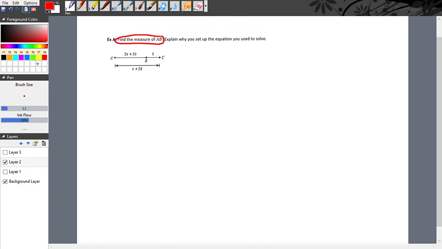That's AB. Now step 2 is to figure out what postulate, theorem, or property I'm going to use to solve this problem. Well, if I'm trying to solve a problem where I'm looking for the length of a segment, back in Unit 1, the name that we gave for solving for segments was called the segment addition postulate.